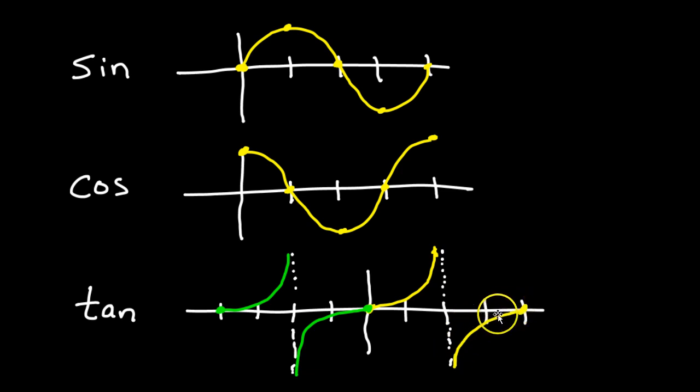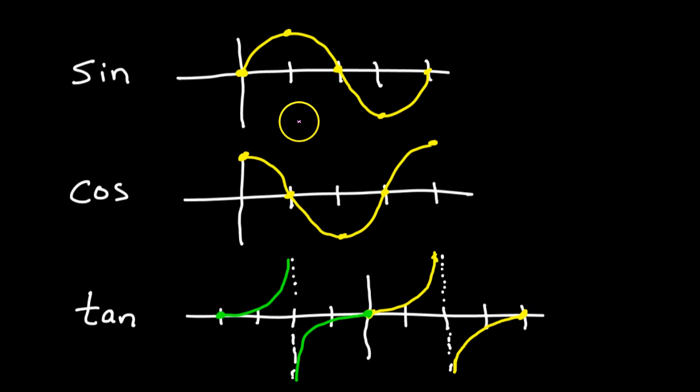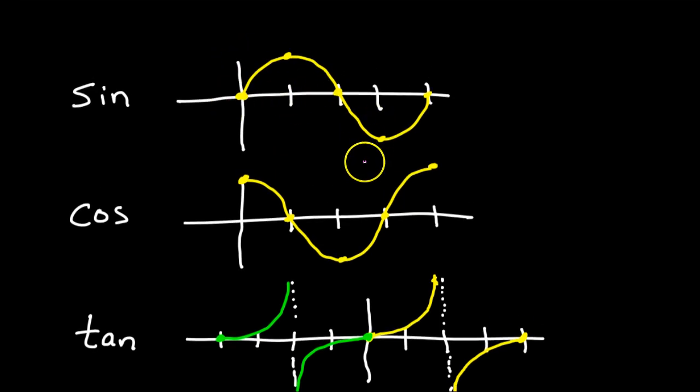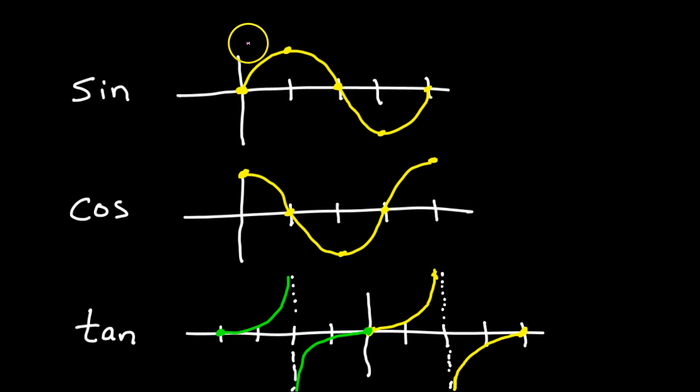back to the midline. For tangent, we usually draw two periods, all right, as I've shown here, and the reason for that is to be consistent. When we draw one period of the sine function, for example, this is 2 pi, all right, because the sine function has a period of 2 pi.